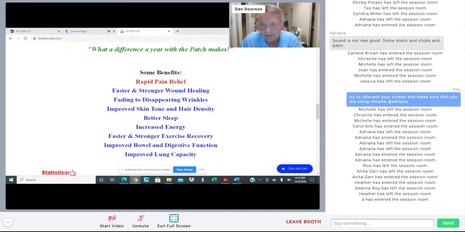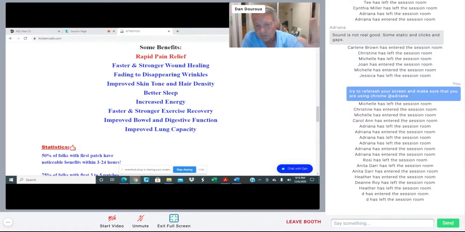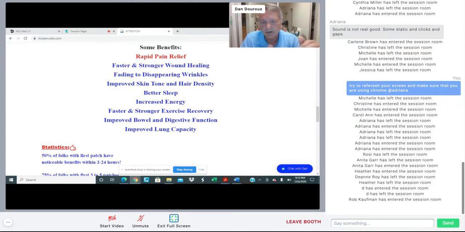The skin and the appearance were just bonuses to me. The big thing was the internal, and increased energy, and so forth. So basically, with this stem cell patch technology, it activates the stem cells to allow our bodies to repair.